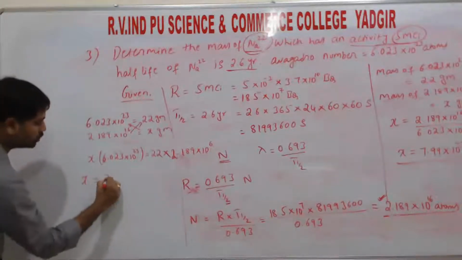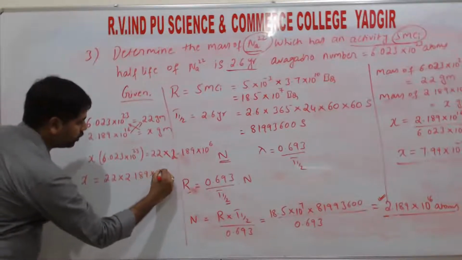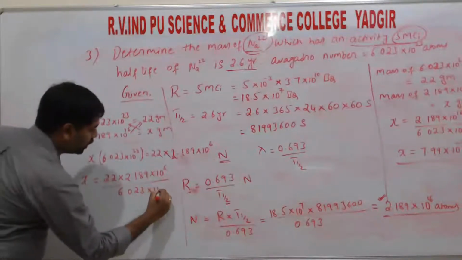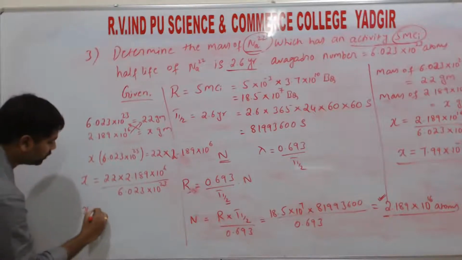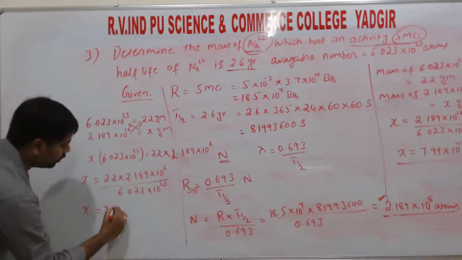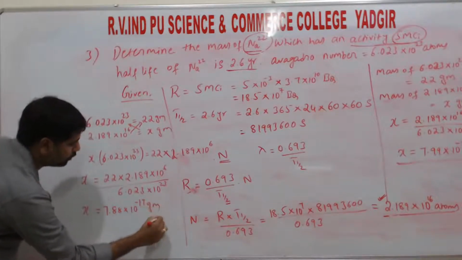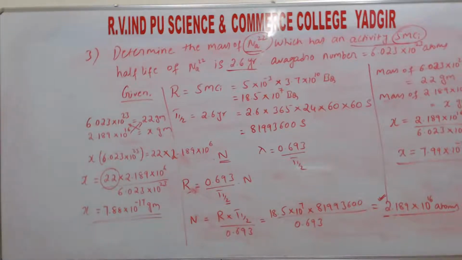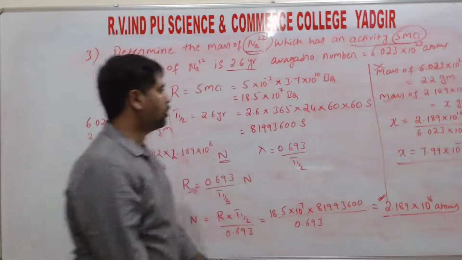So here x is equals to 22 into 2.189 into 10 to the power of 16 whole divided by 6.023 into 10 to the power of 23, right? So here we are getting x is equals to 7.88 into 10 to the power of minus 17 gram. Because here 22 is in grams, so here the final answer is also in grams, right?